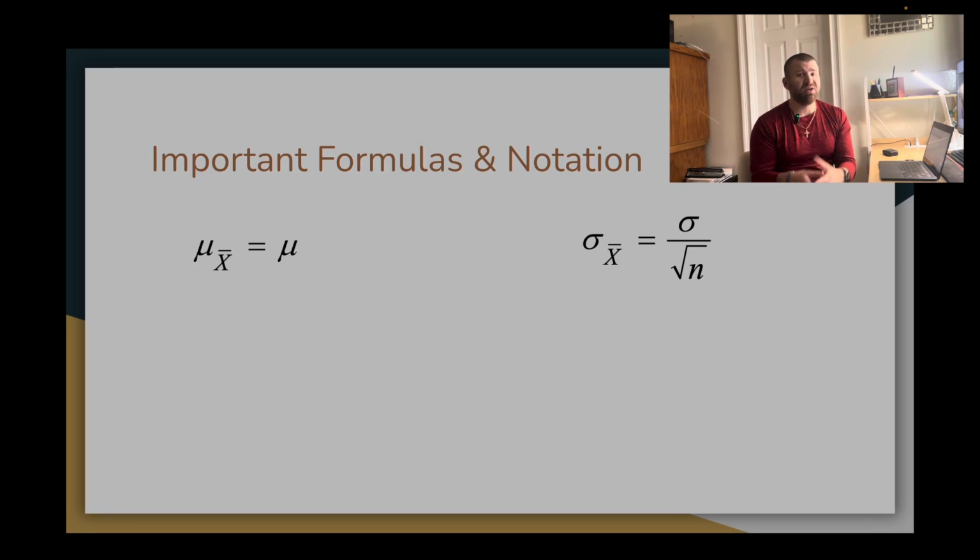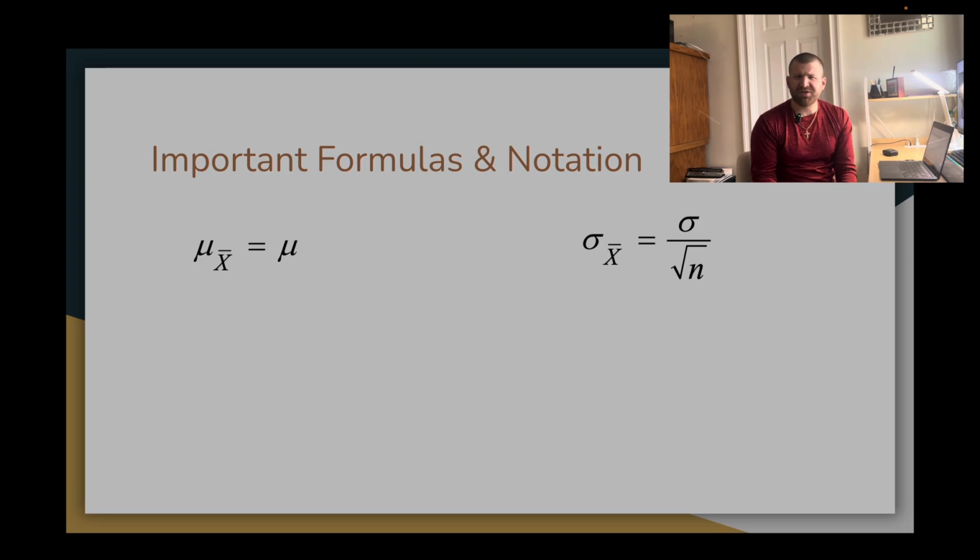And we talked about being less spread out. Well, in this particular case, we have sigma sub x bar, the standard deviation of my sampling distribution, equal to the population standard deviation divided by the square root of the sample size. And so the bigger the sample, the less spread out your sampling distribution gets.